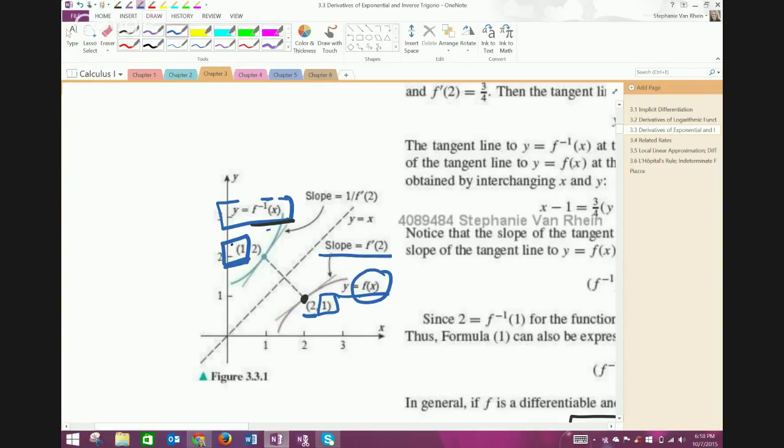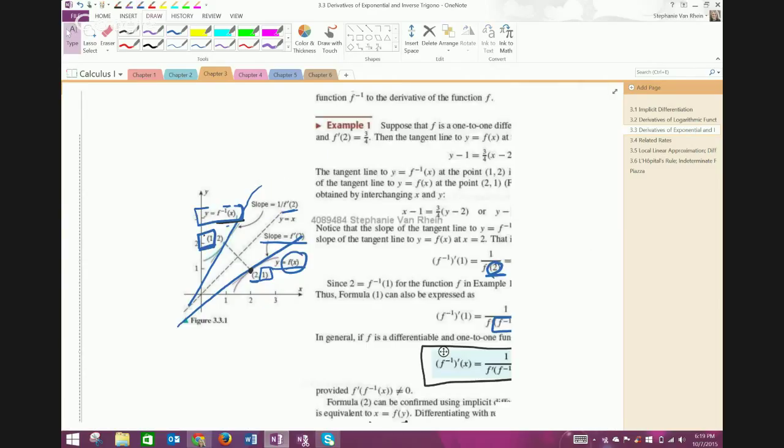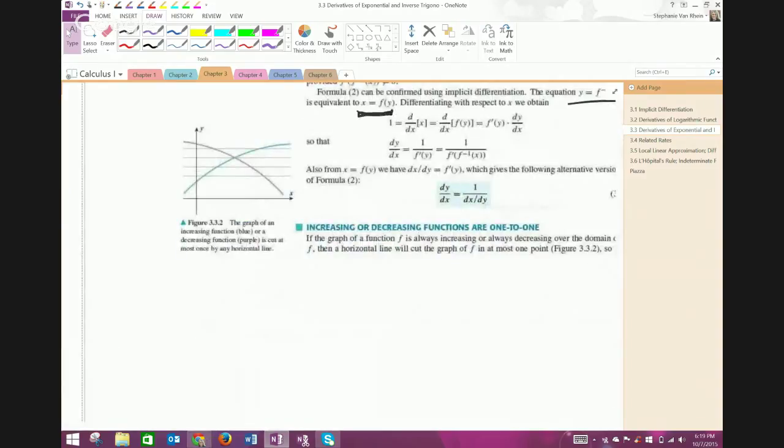So if we know the slope at x equals 2, to find the slope here, it's 1 over the value of the derivative at 2, right? So if I know this slope, I can find this slope: 1 over the value of the derivative of the function evaluated at x equals 2. So if I find the slope here, I would have 1 over that value.